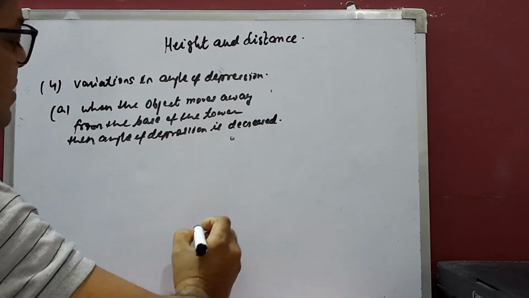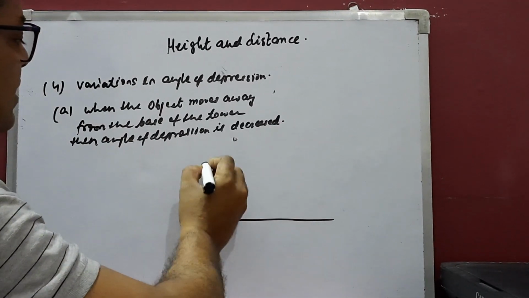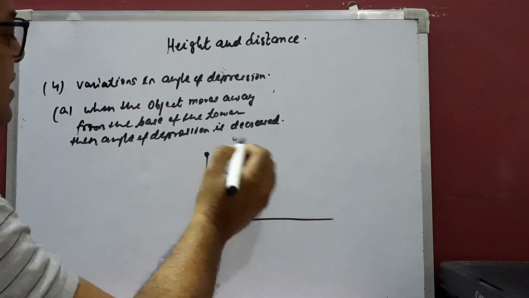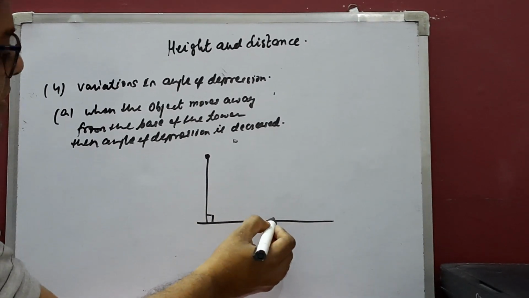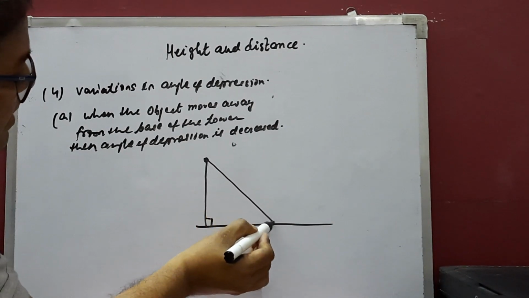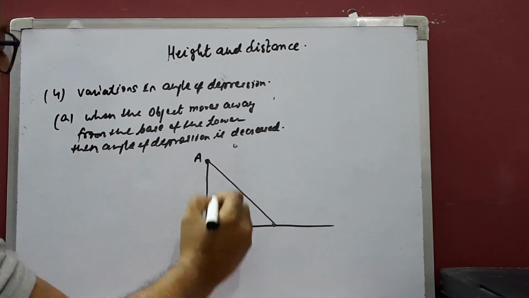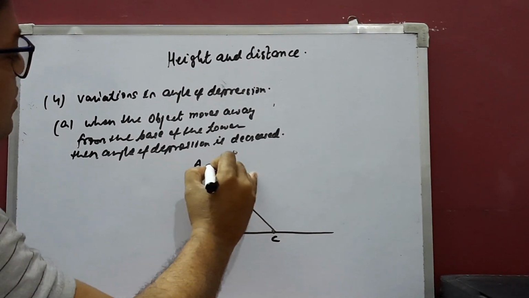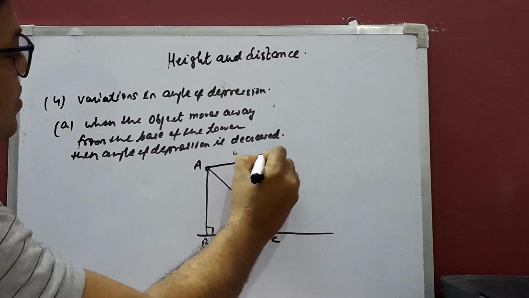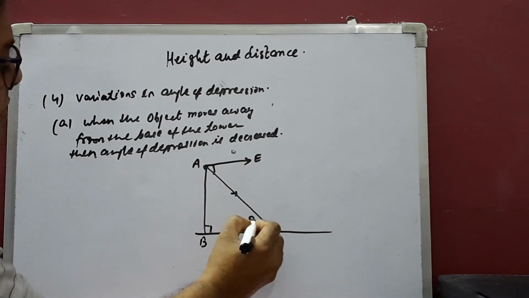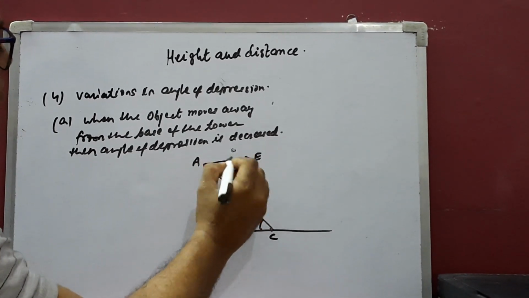For example, this is the horizontal line and this is the tower. An observer is sitting here and he watches the object placed here. This is A, this is B and this is C. So this is the horizontal line and this is called angle of depression, theta 1, theta 2.